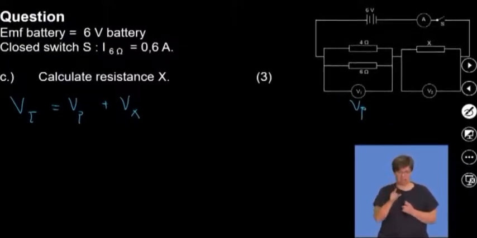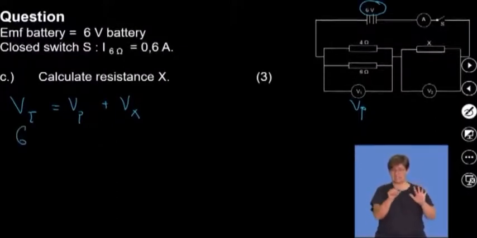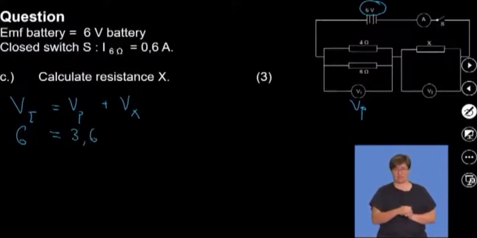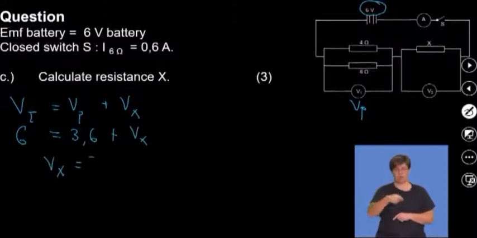If the battery has negligible resistance, 6 volts is the terminal potential difference, so 6 equals V parallel, which we calculated as 3.6, plus V across X. So V across X will be 2.4 volts. That's what we know already.